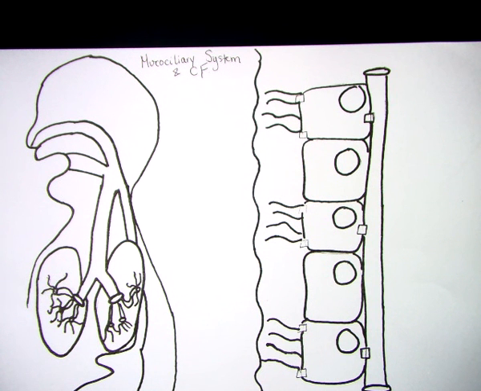Why does it build up? I know this. Okay. It builds up because they don't get rid of it, and it stays, and it doesn't go down your esophagus. Okay. So it's not able to go down your esophagus, it just stays there.